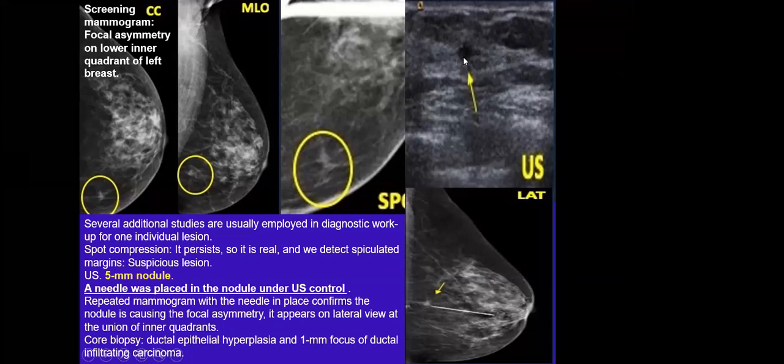See, just after biopsy, a needle was placed in the nodule under ultrasound control. You see, they put the needle, and they had done straight lateral view. Why? To confirm that the area being biopsied is that nodule.